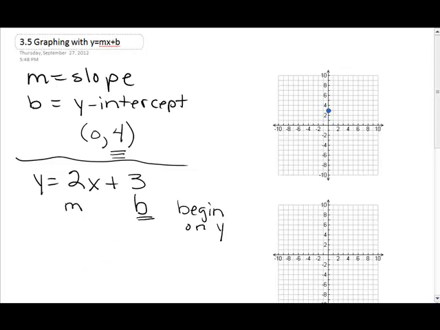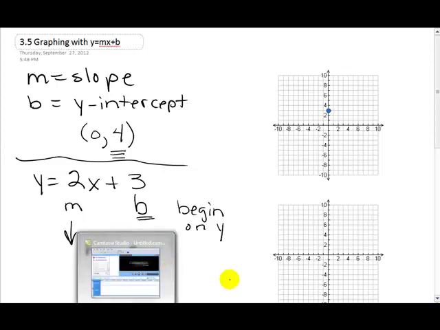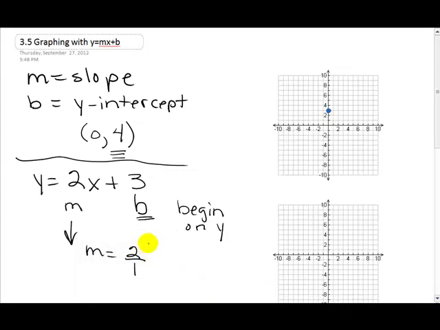Then we take our m and we write it as a fraction. And we want to make a note that this is going to go up, that's our rise, and that's our run. So from where we are starting here, we're going to go up 1, 2, and over 1.